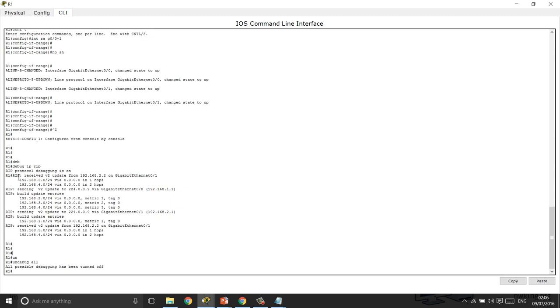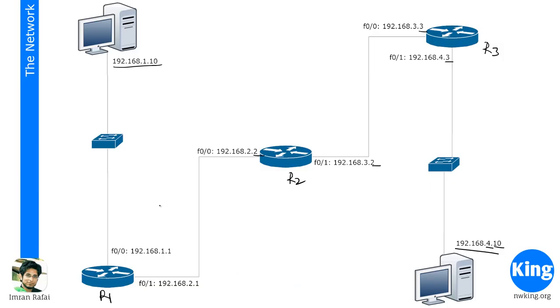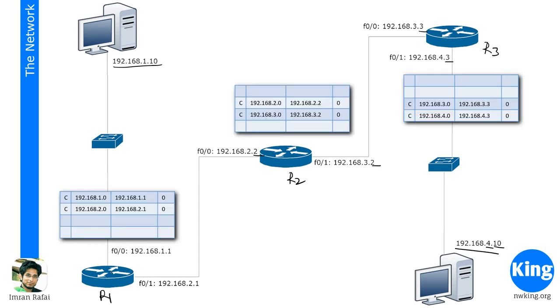How do RIP updates work? When we start the device, let's go back here. Router 1 has two connected interfaces, that is 192.168.1.0 and 192.168.2.0.